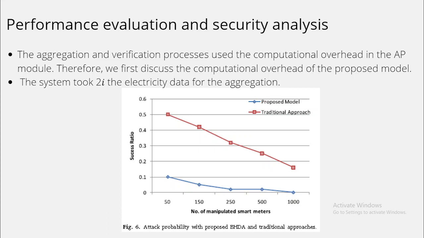So the system took less time for the electricity data aggregation, and the main reason for the improvement is the blockchain used in our system and a proper authentication process. The two-way process of security at the user and cloud levels increases the robustness of the model.